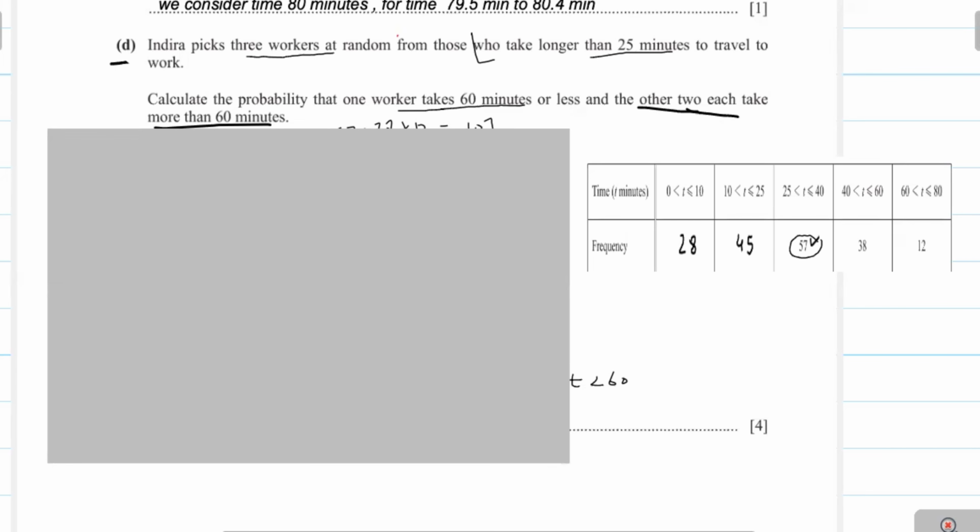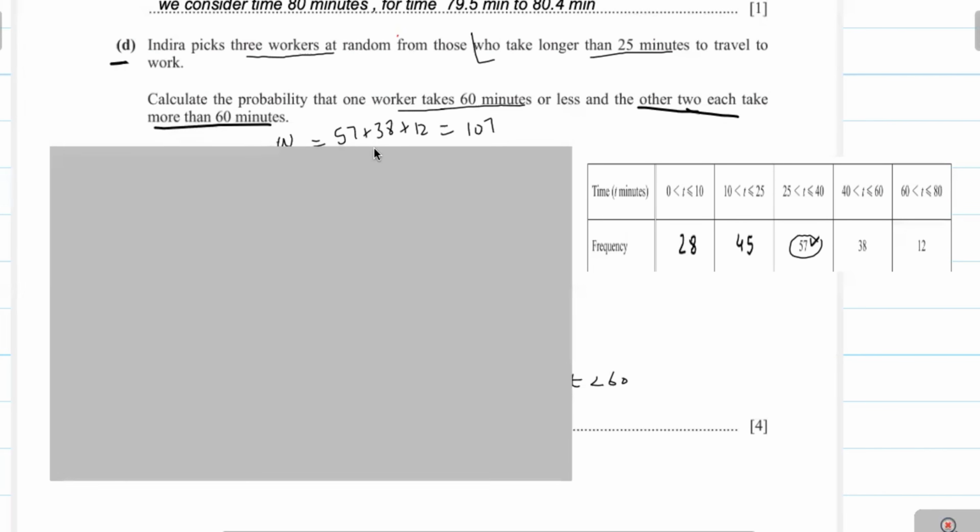Here, more than 25 to less than 40 is 57, 40 to 60 is 38, and 60 to 80 is 12. We add all these values, and we get 107 workers who take longer than 25 minutes.